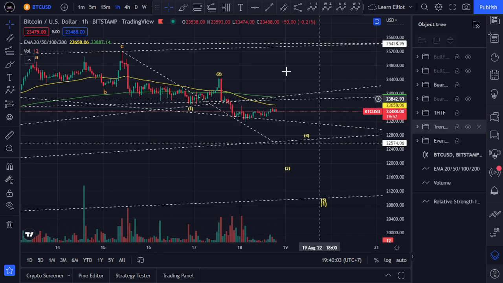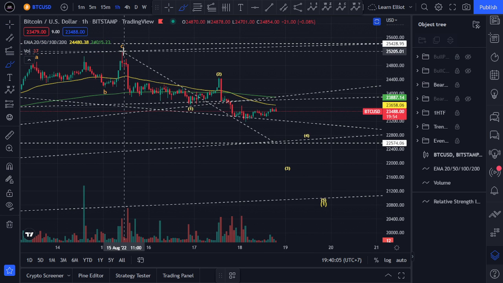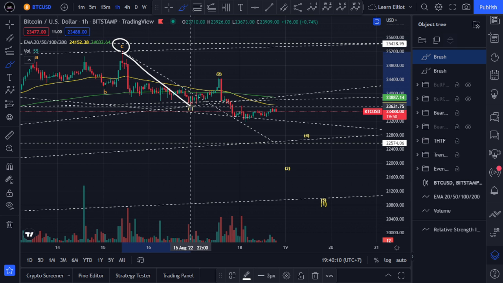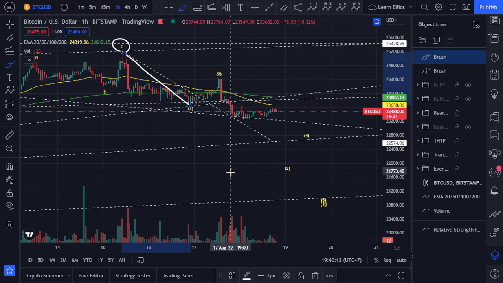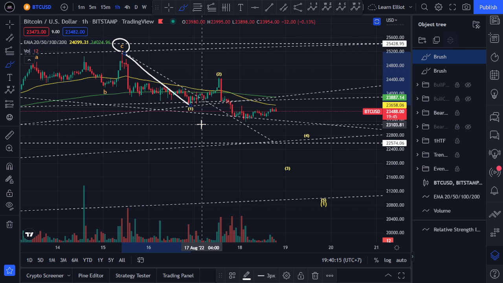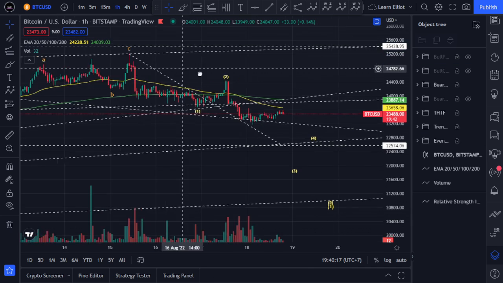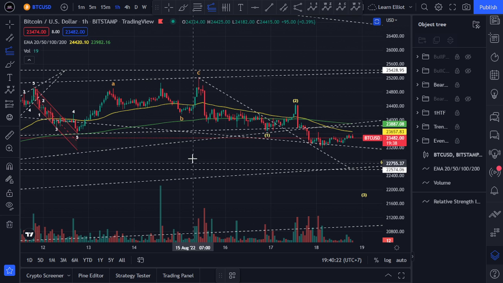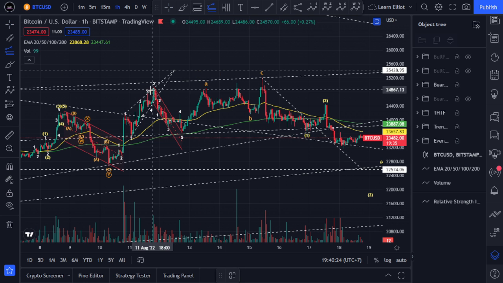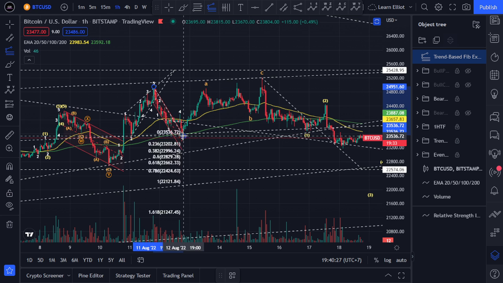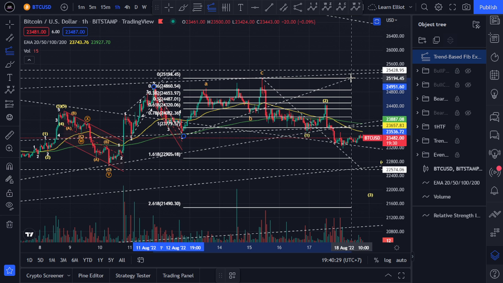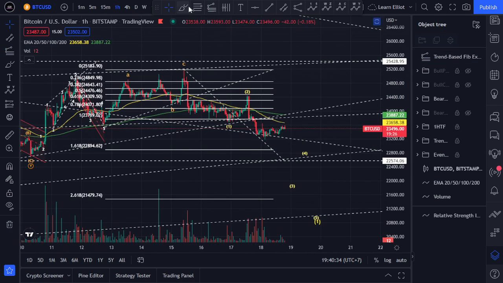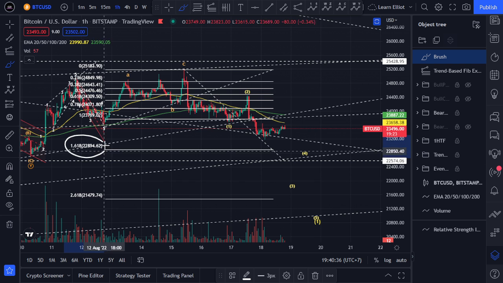So right now from this fourth wave here, we have completed the first impulsive movement, which is the 1.618 Fibonacci retracement from this low here. Let me show you. Yeah, so from this, this will be the ideal target for the first impulsive move down.